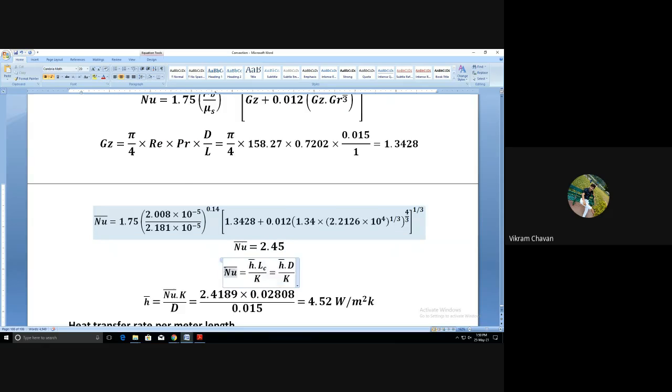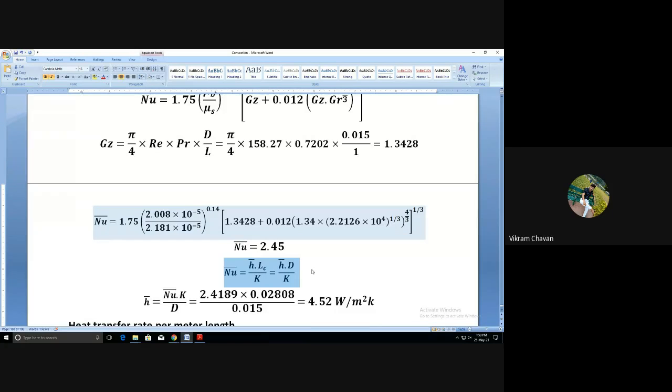Now we have to calculate the heat transfer coefficient, because our ultimate goal or outcome is the heat transfer rate, and to calculate the heat transfer rate we require the heat transfer coefficient. As per the Nusselt number formula, the Nusselt number is equal to h Lc divided by k.